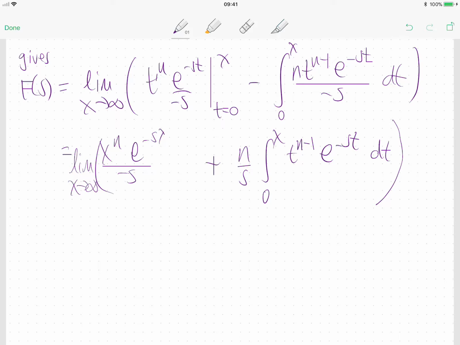This is x. Okay, so if I start here, I can see that x is getting very large, so my e here has a very large negative number which goes to 0, so that's very fortunate, and we're left with the second term, which is n over s, take the limit as x goes to infinity of the remaining integral.